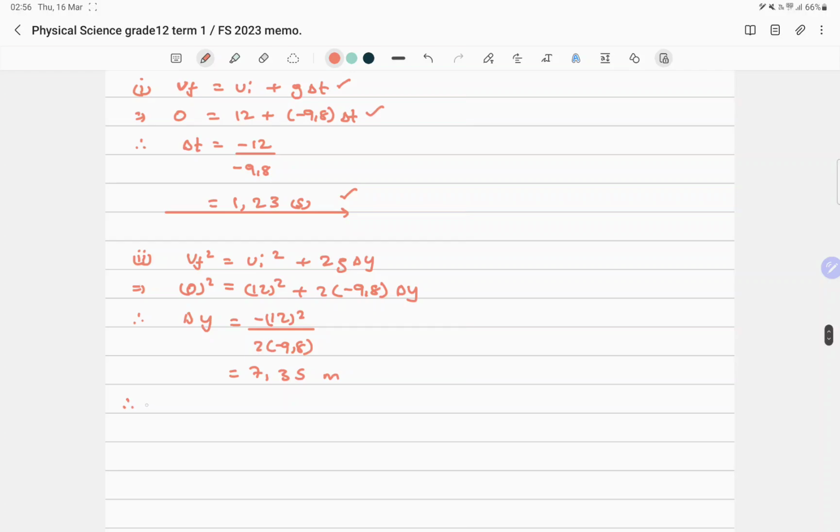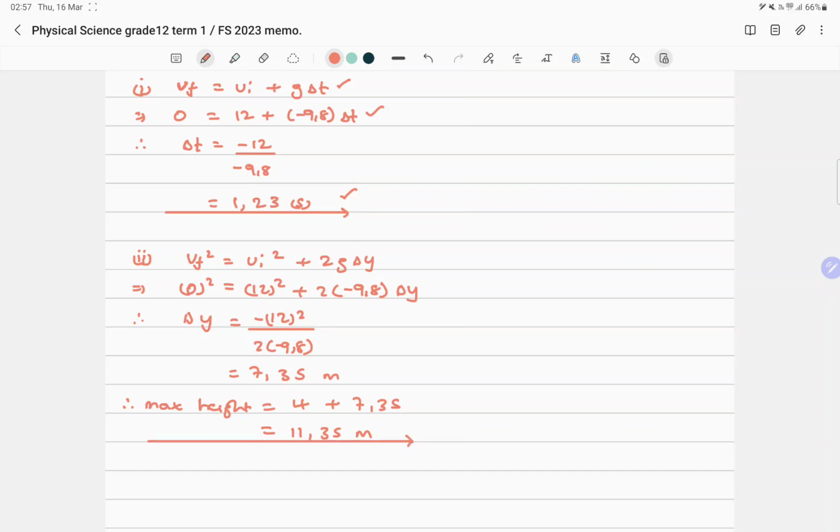You can say therefore maximum height is going to be equal to 4 plus 7,35, which is going to be 11,35 meters. Of course, this one is above the ground, so you don't need to explain too much.